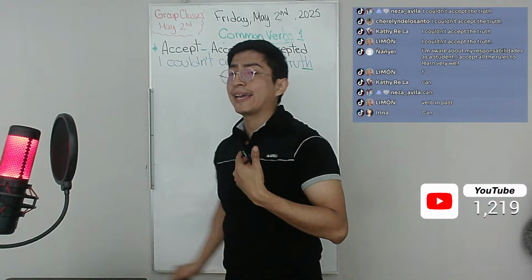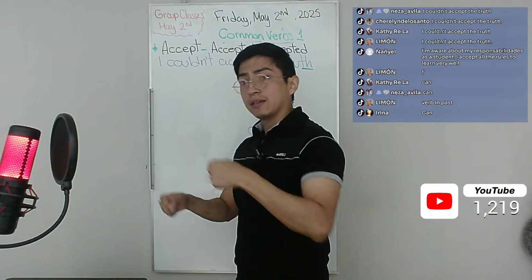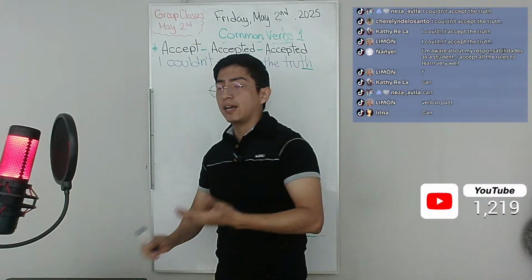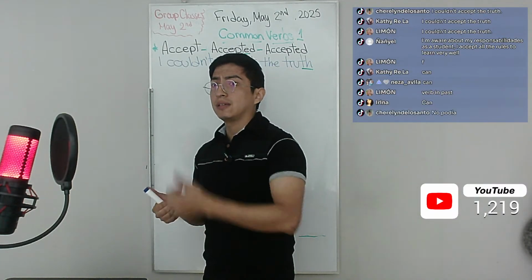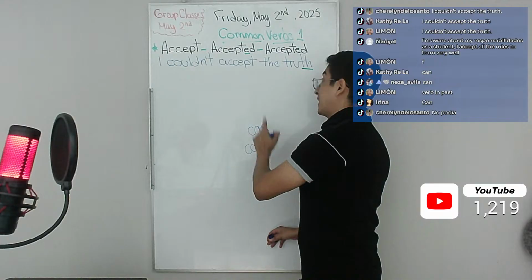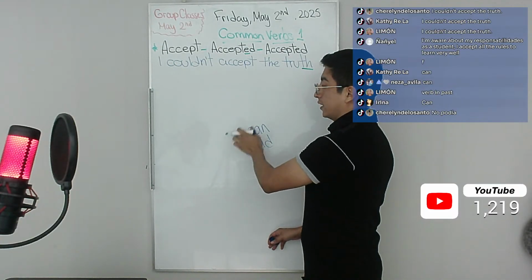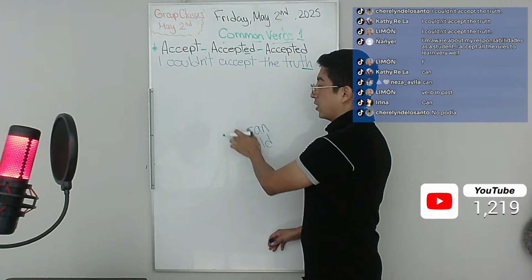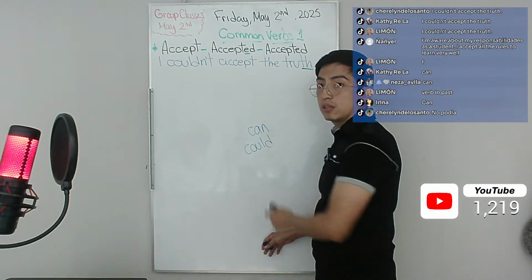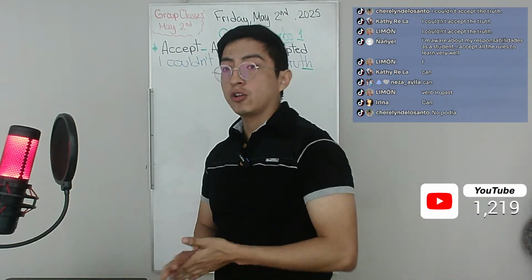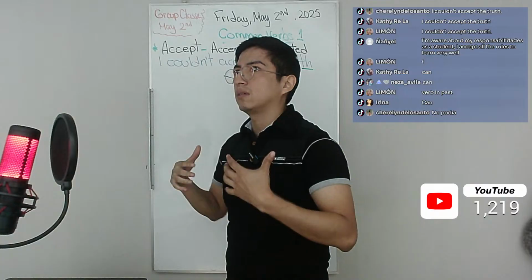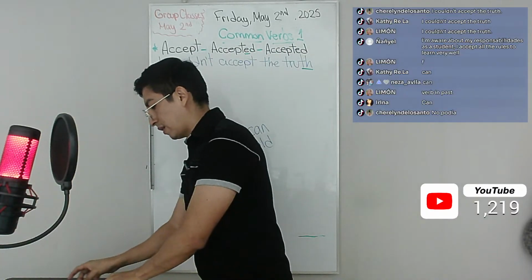So we say I can ride a bike, I can drive, and if we want to say that I had that ability in the past, we say I couldn't. You can say this in the present, and if you want to express the same idea in the past, you can use could. So we say I couldn't accept. It was impossible. I couldn't accept it.